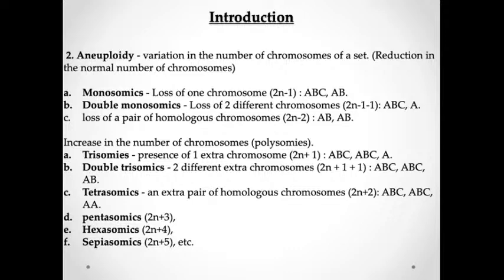An increase in the number of chromosomes is called trisomy, presence of an extra chromosome, 2n plus 1. Double trisomy, two different extra chromosomes, 2n plus 1 plus 1. Tetrasomy, an extra pair of homologous chromosomes, 2n plus 2. Pentasomy, hexasomy, heptasomy, like this.